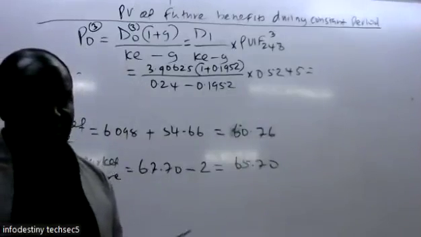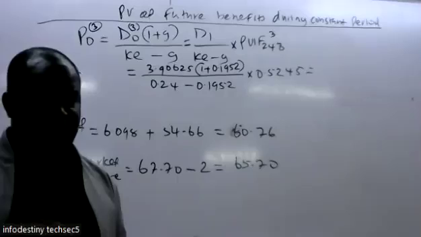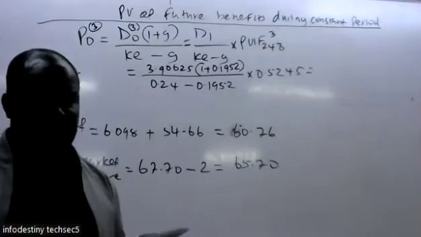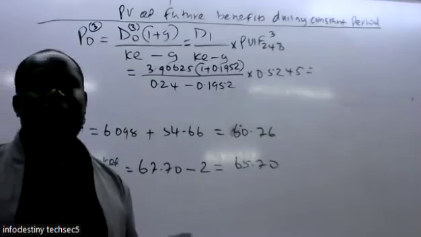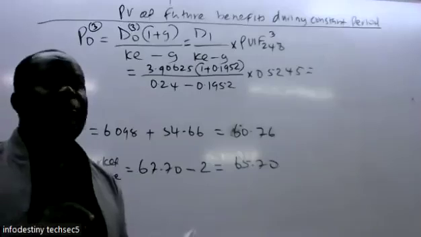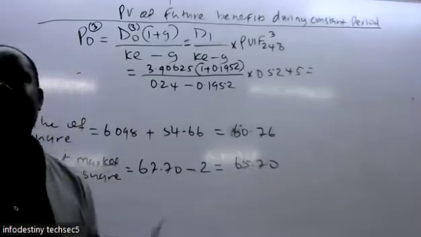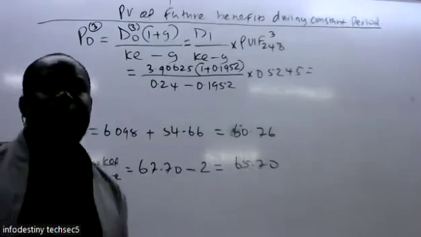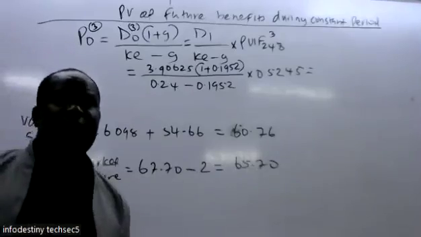But this one, we are looking at the firm value to determine the maximum price payable to acquire Best Limited. So we are looking at the value of the firm. The price to pay will be the same as the value for the company.